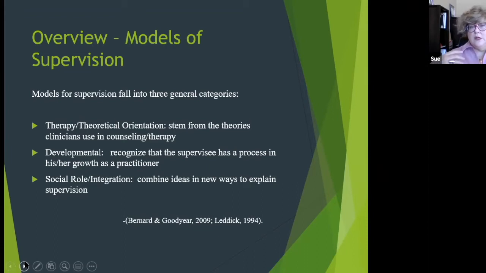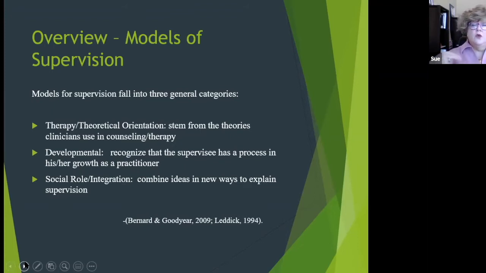If you happen to be working in an academic setting, you are probably going to have what I call newbies, where you're going to be working probably with people in their first practicum, people who are very new to applying what they've learned from classes to clinical experiences, and their developmental process or placement in that developmental category is going to be very different than if you're supervising somebody who is at their ending internship or doing a postdoctorate. So you as a supervisor being able to understand what that means at each place can be really important.